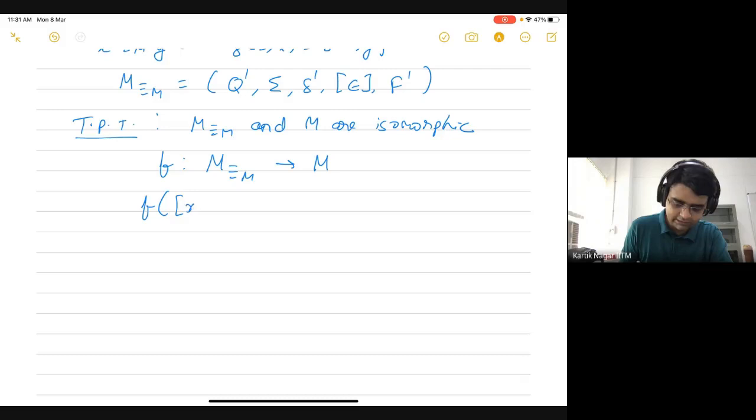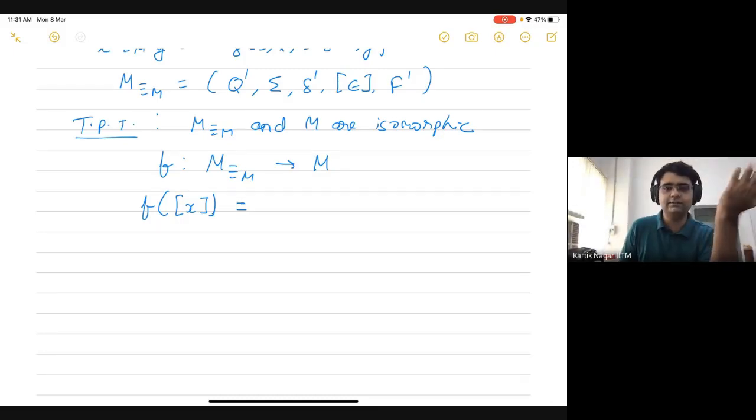So let's consider the equivalence class of some X. What should I relate this equivalence class to? I should relate this to some state of the original DFA. So we are relating states of the new DFA to the states of the original DFA. The states of this new DFA are equivalence classes of the MN relation.